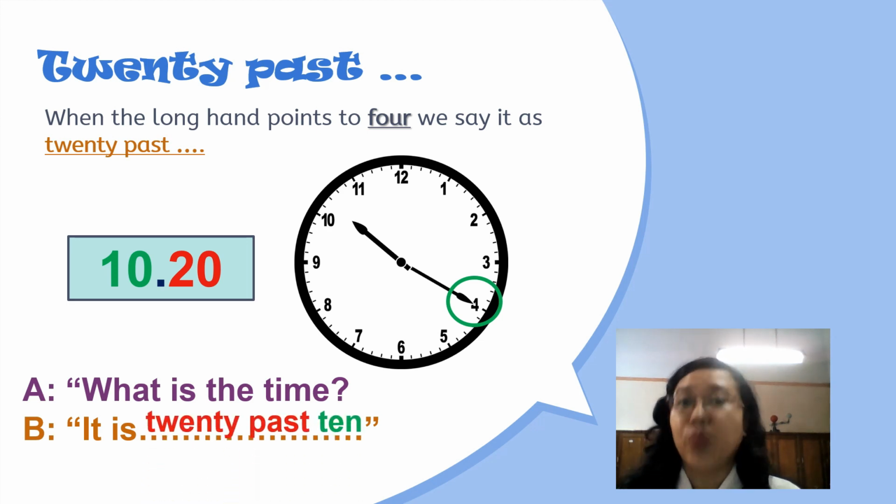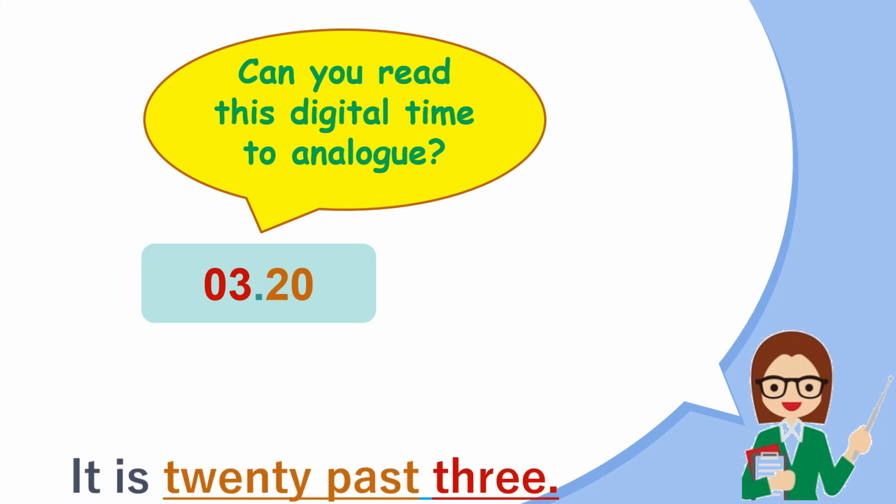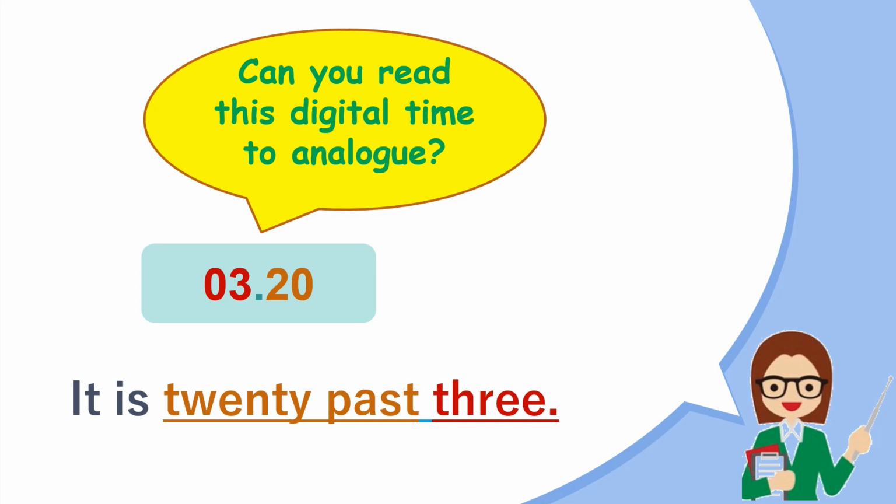It is 20 past 10. Next, we go to the examples about 20 past. Can you read this digital time to analog? Okay, it is 20 past 3. Good.